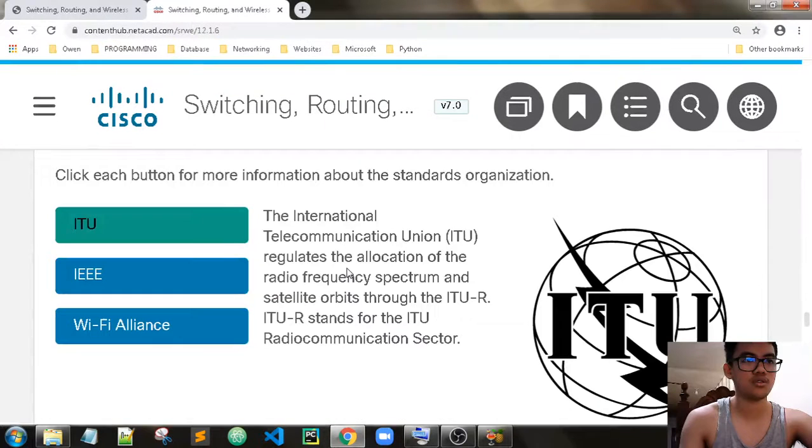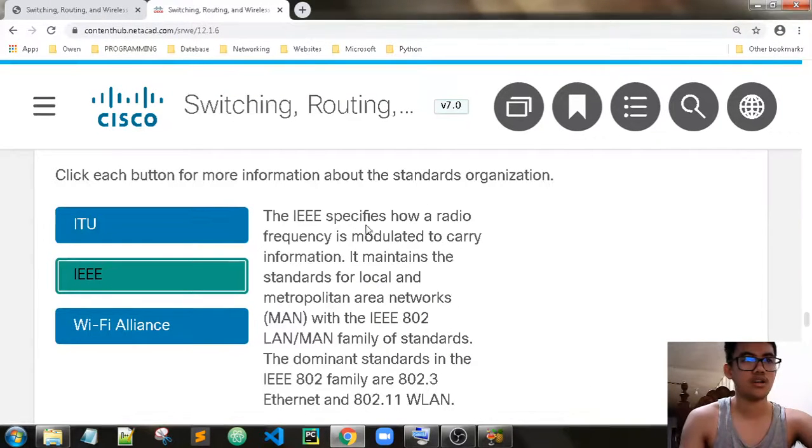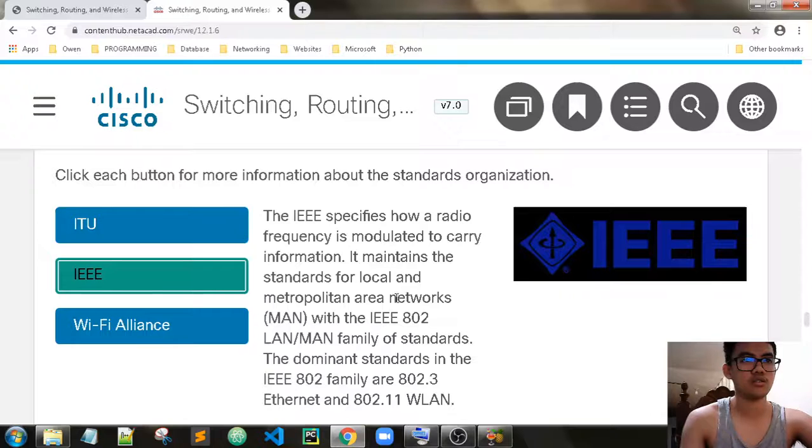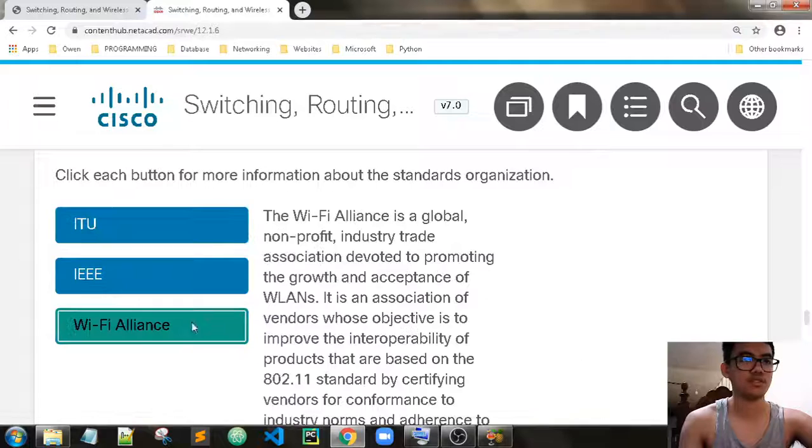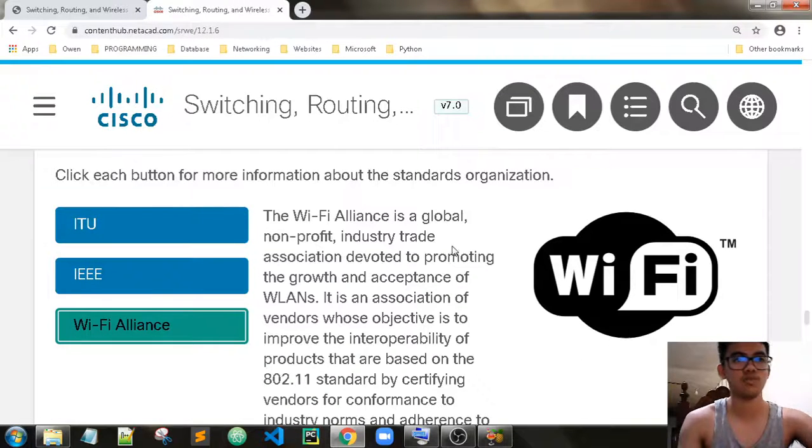ITU-R is for radio frequency allocation, while IEEE specifies how radio frequency is used.